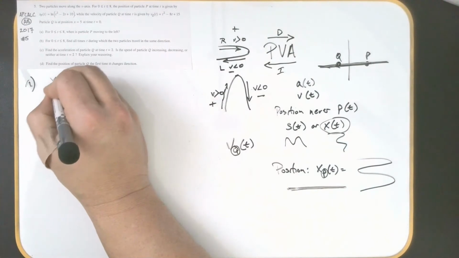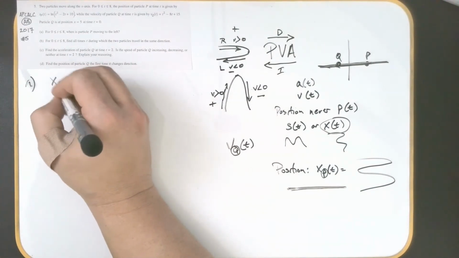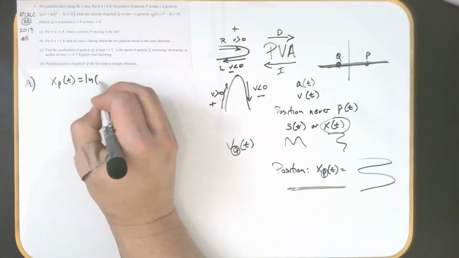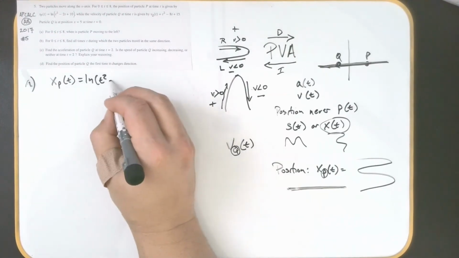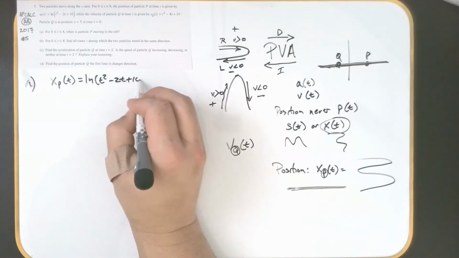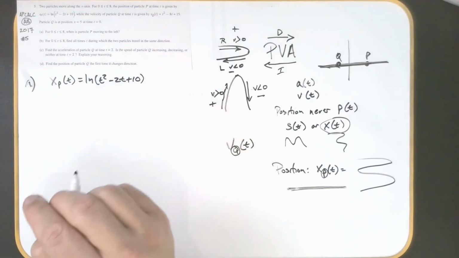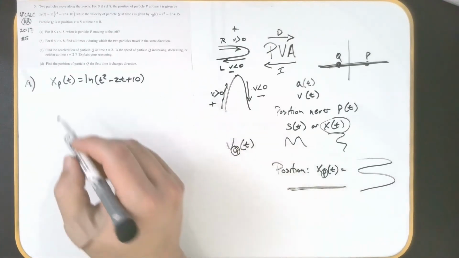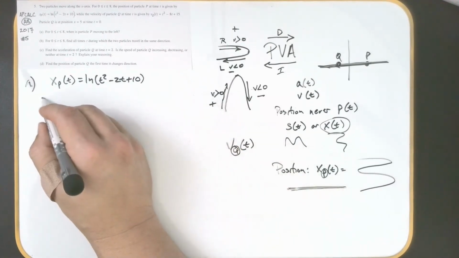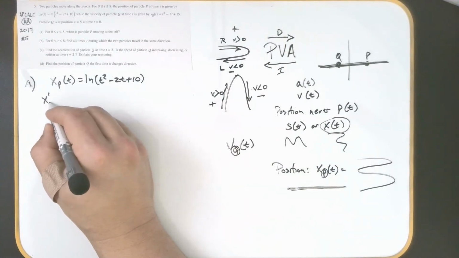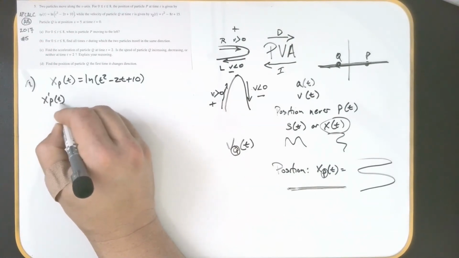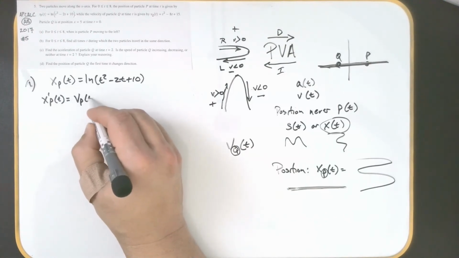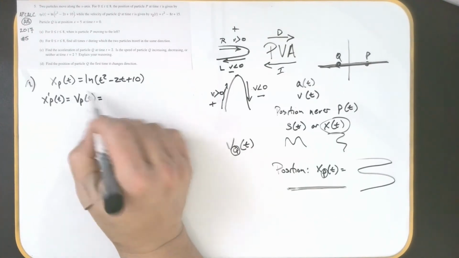So let's go ahead and just write the original function, which is x sub p of t, that's our position function, is equal to the natural log of t squared minus 2t plus 10. All right, so there's position. I need to take the derivative of that to get velocity and set that equal to 0 and undefined. So I'm going to put x prime sub p of t, and I'm just going to write that that equals the velocity of p of t, and that equals, now we should take the derivative.